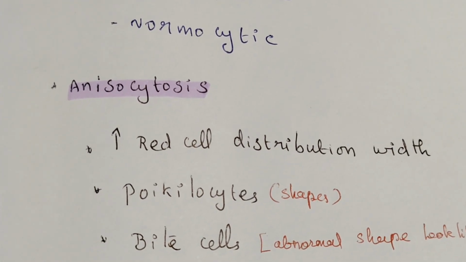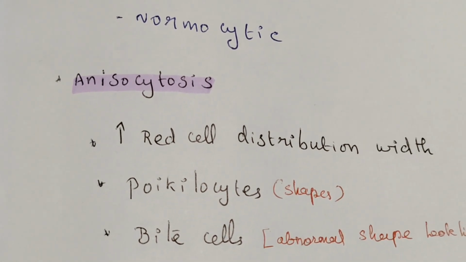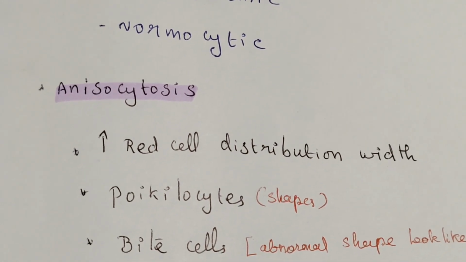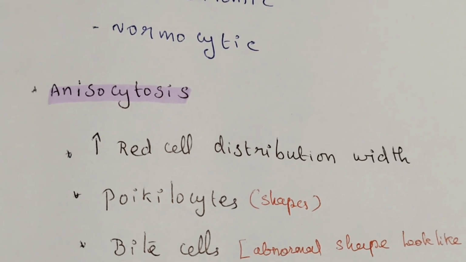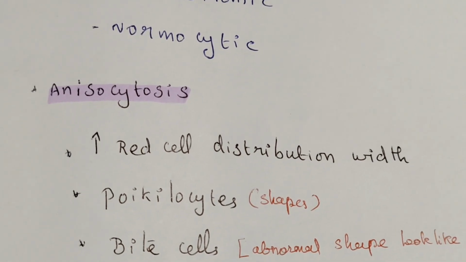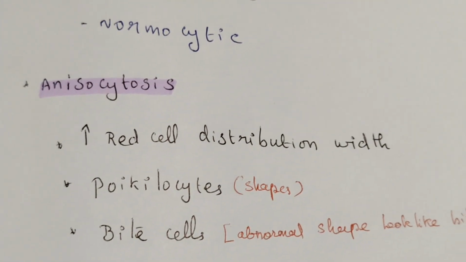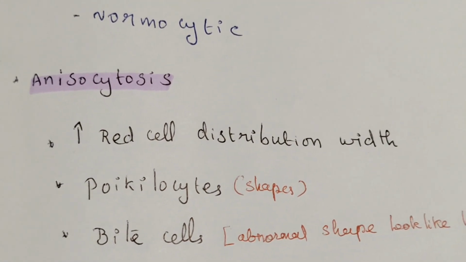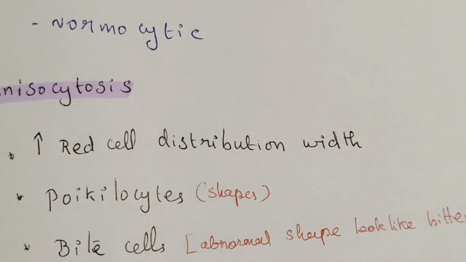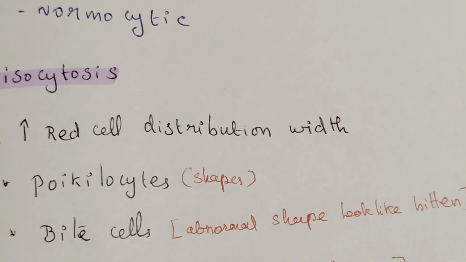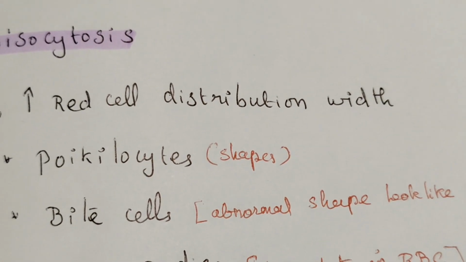There is an increased red cell distribution width, with some cells smaller and some cells bigger, so there is an increased range of cell size. First one is anisocytosis, with increased red cell distribution width. Then poikilocytes, that means different shape.